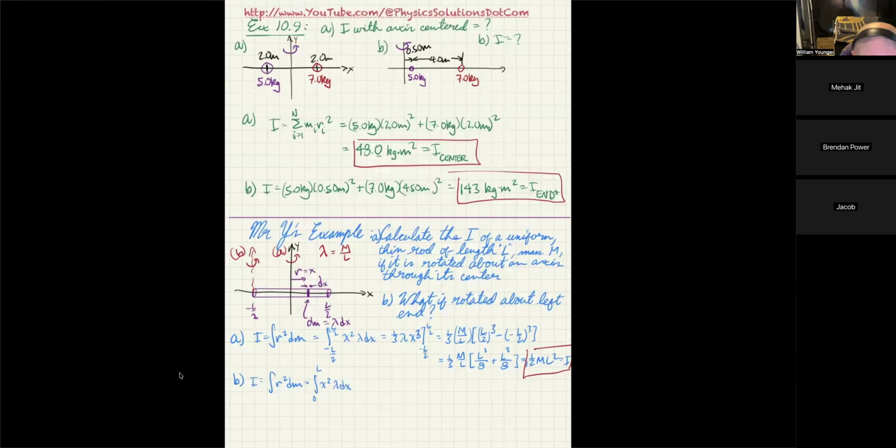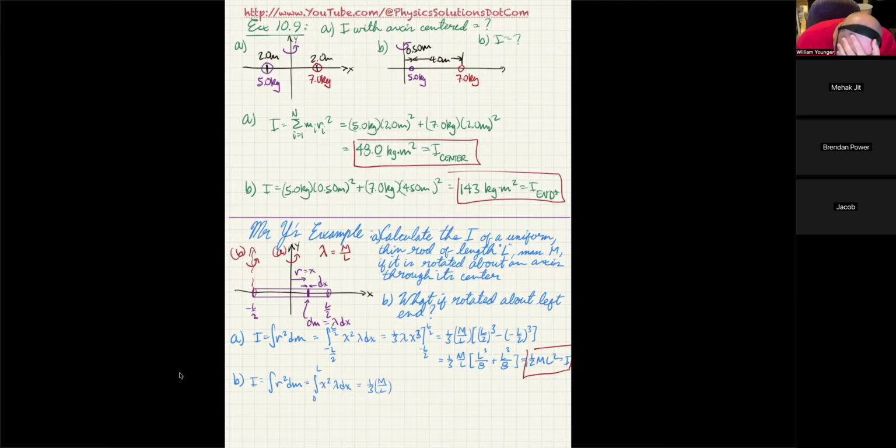And since I've shifted it all, it now goes from 0 to L instead of from negative L over 2 to positive L over 2. But it's pretty straightforward from here. The integral of x squared is 1/3 x cubed. And that lambda is going to be M over L again.